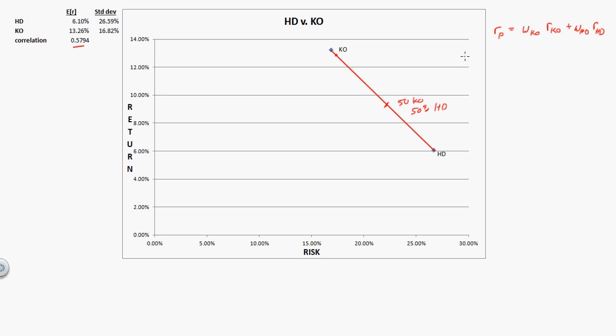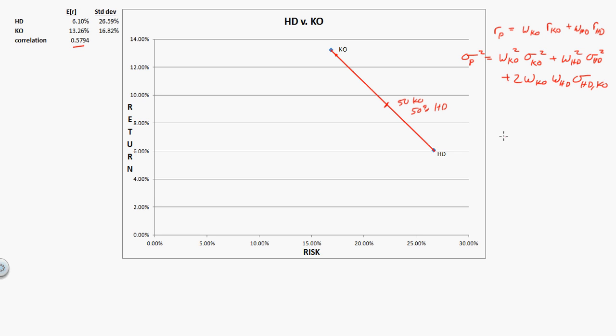And the risk of the portfolio, and I'm going to square this for the variance, and then you could just take the square root to get the actual number later, is the weight of Coke squared times the variance of Coke plus the weight of Home Depot squared times the variance of Home Depot, or the risk of Home Depot, plus 2 times their weights, Coke, Home Depot, times the covariance of Home Depot and Coke.